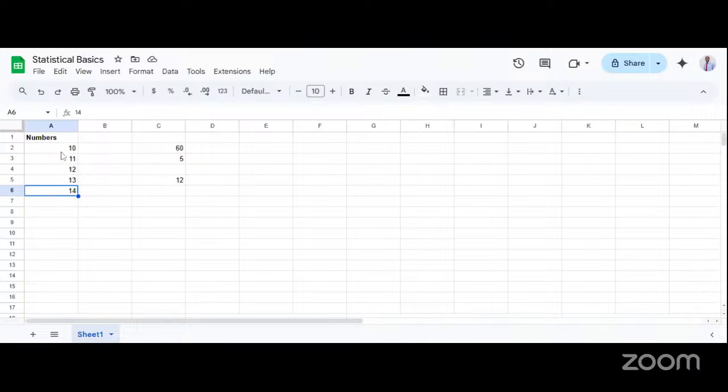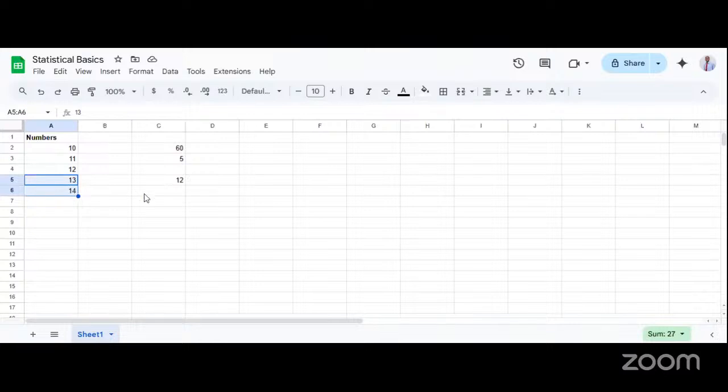If you take notice, this list was arranged sequentially, in order of sequence. But there's a coincidence. 12 is the middle number here. We have 10, we have 11, then 12 was the middle number.